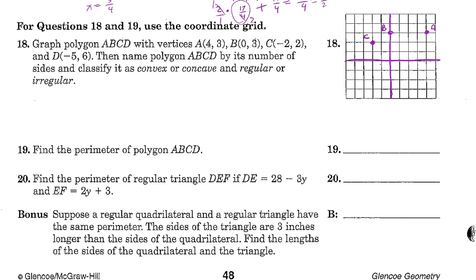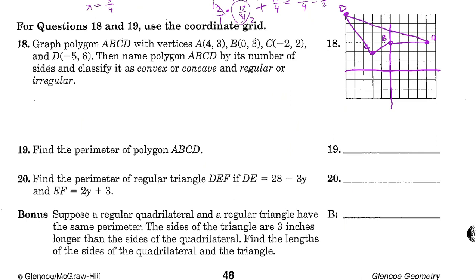And D is negative 5, 6. Well, look at what I can do because I'm on a computer. So cool. And so now D is negative 5, 1, 2, 3, 4, 5. I can't count. 1, 2, 3, 4, 5, 6. So then here is D. Okay, so here's the polygon.